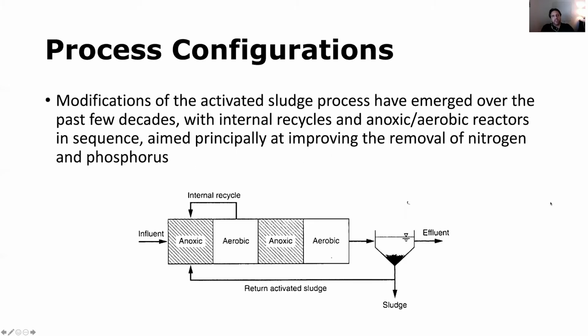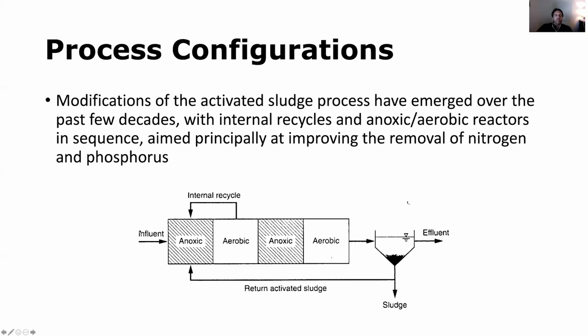Another process configuration that's been developed over the years is the one you see here. It includes a series of internal recycles and switching back and forth between anoxic and aerobic reactors in sequence. The purpose of this process configuration is to achieve more efficient removal of nitrogen compounds in particular, nutrients in general.